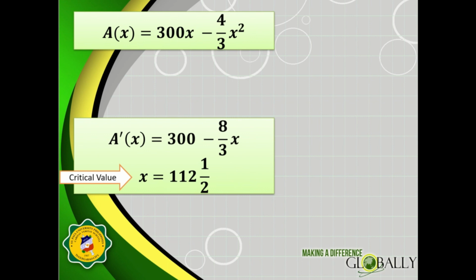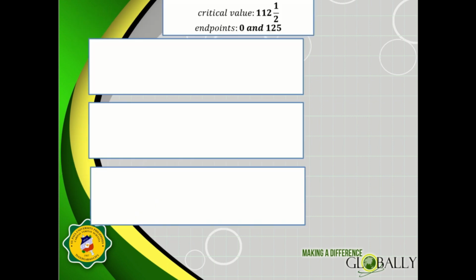So that's easy, right? So next step is that we know already our critical value and endpoints. The critical value is 112 and a half, and our endpoints are 0 and 225. As you have noticed, we have only one critical value here, and in the previous problem we had two. I think it depends on the equation we are solving.